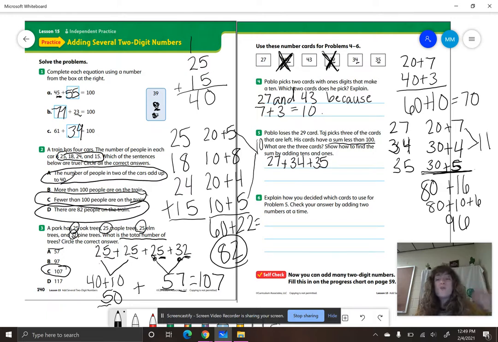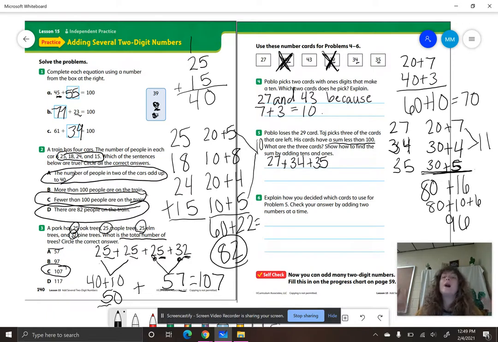All right, Smarties, we had to show a lot of work and we had to try things over again, but that's okay. Good learners do hard things. Good learners make mistakes. All right, number 6 says, explain how you decided which cards to use for problem 5. Check your answer by adding 2 numbers at a time. So Miss Mason jumped the gun. That means I did something before checking what came next.